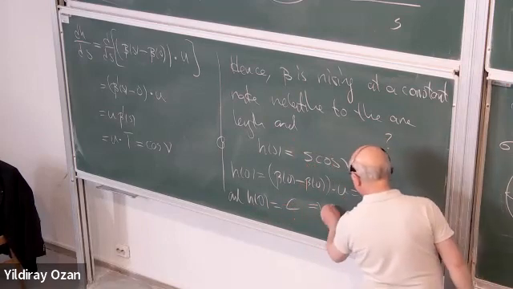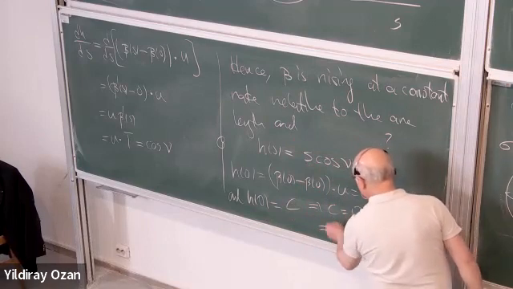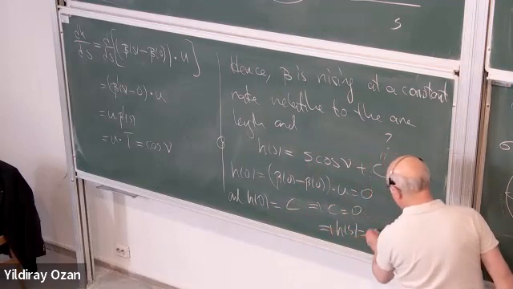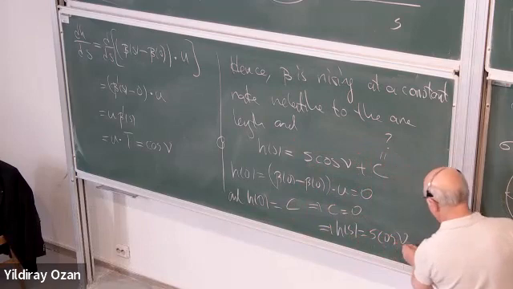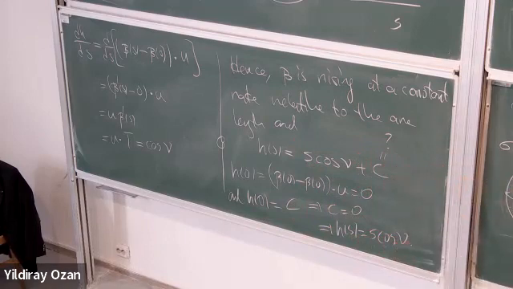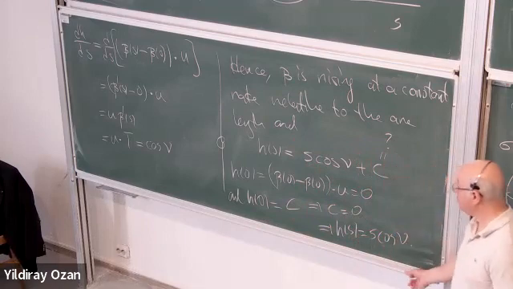Therefore, we see that c is 0, and hence h of s is just s times cosine v. Okay? H is just s times cosine v.